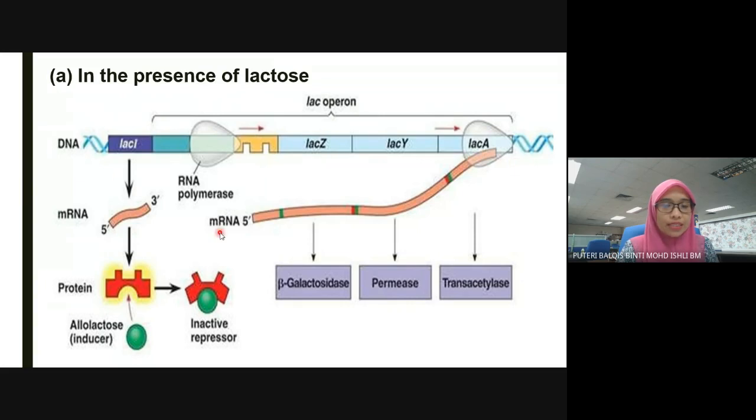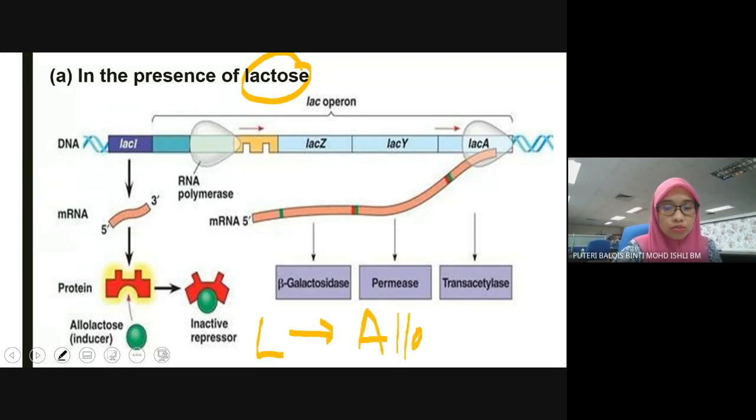So this is lacI. lacI will code for mRNA. This mRNA will undergo translation to produce protein, and this is the repressor protein. When there is lactose, this lactose will be converted to its isomer, which is allolactose.